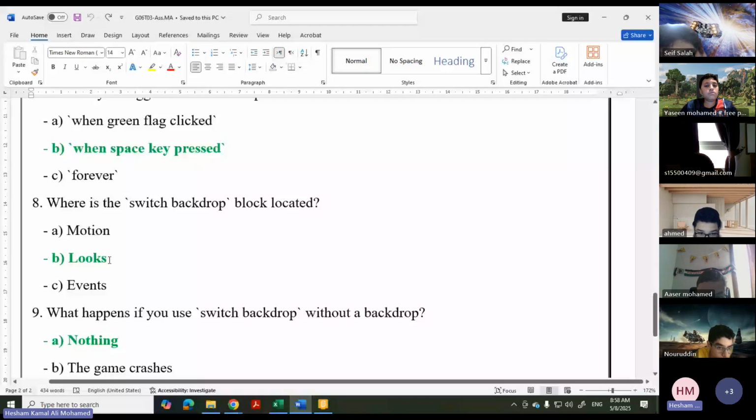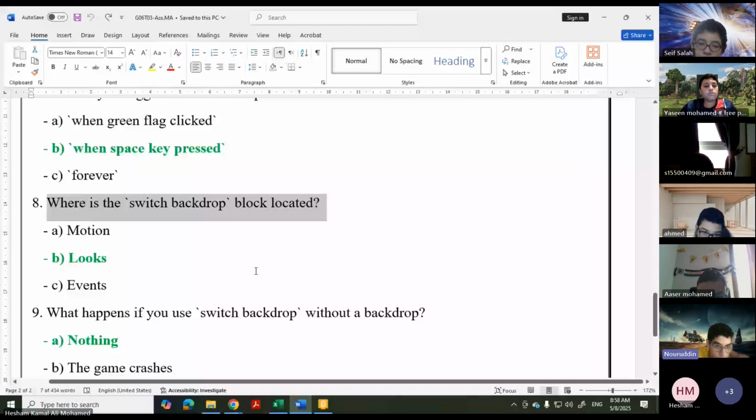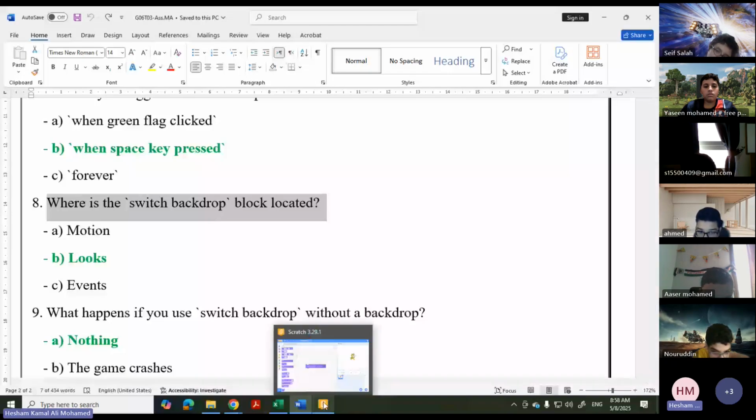Okay. Motion. Number 8. Where is the switch backdrop block located? I need to know the place where the switch backdrop is located. So let's go again to Scratch.